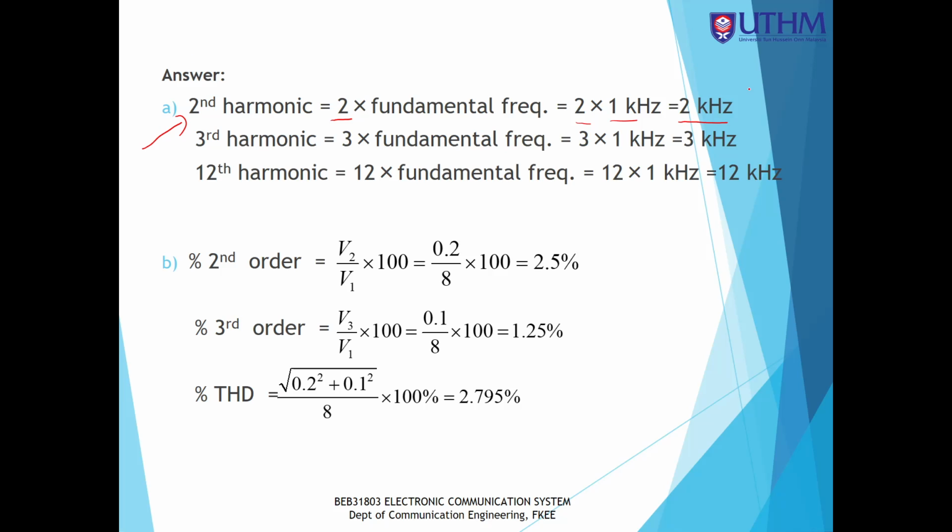Third order harmonic is located at 3 times the fundamental frequency, so 3 times 1 kilo, you get 3 kilohertz. And then the 12th harmonic is located at 12 times the fundamental frequency, so we get 12 kilohertz. So these are the locations of the harmonic frequencies.